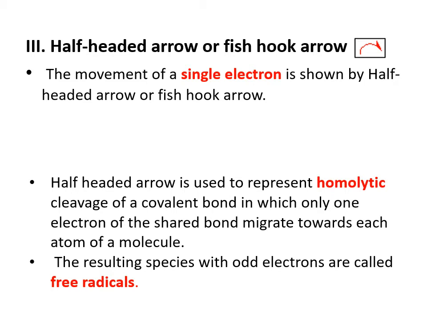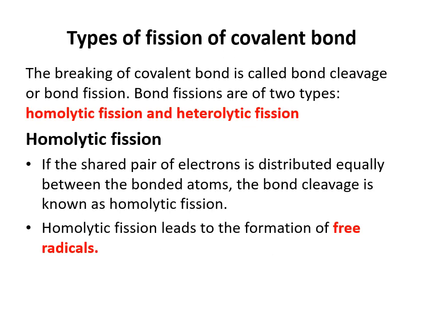For example, when chlorine is exposed to light, homolytic cleavage takes place and we get free radicals. And half-headed arrow is used to represent homolytic cleavage of a covalent bond, and the species which result as a result of this homolytic fission are known as free radicals.